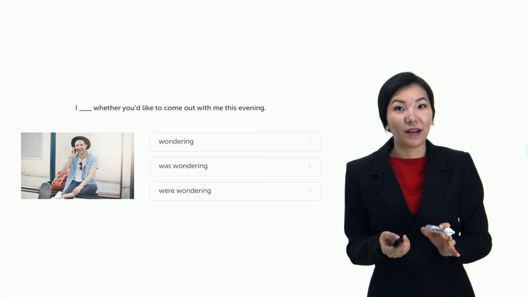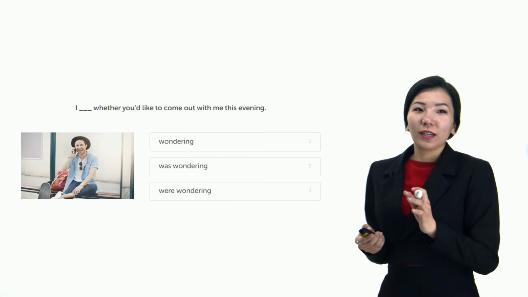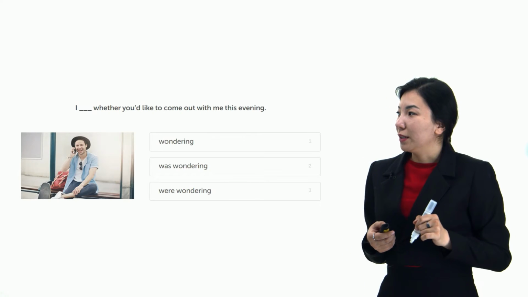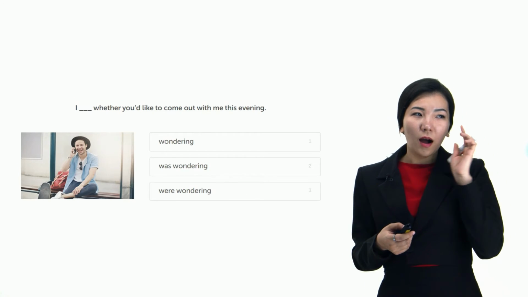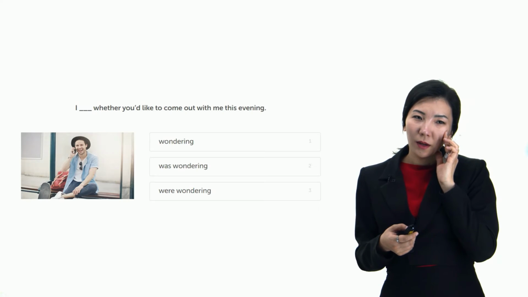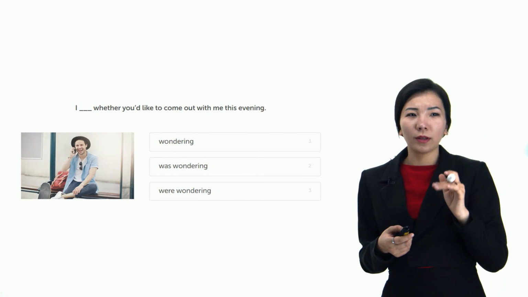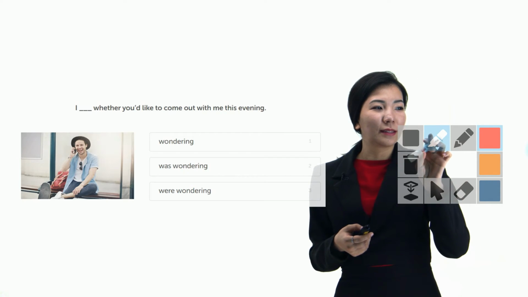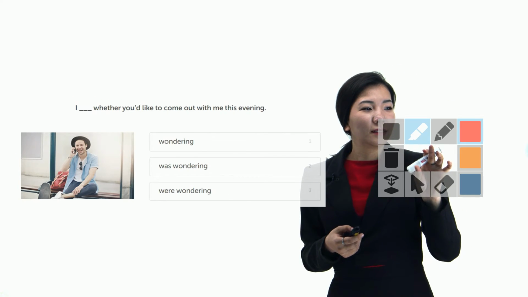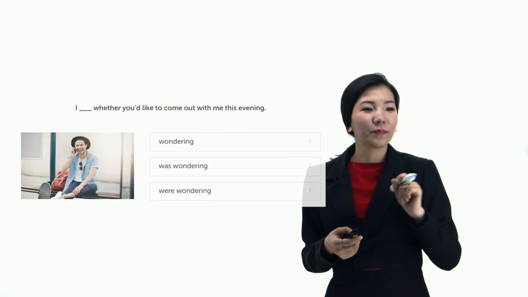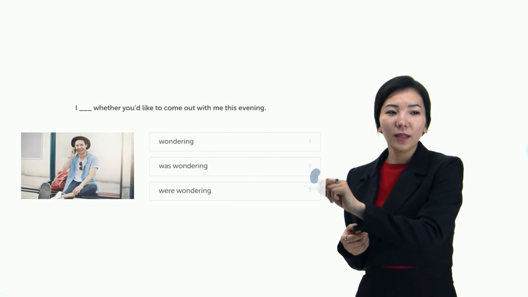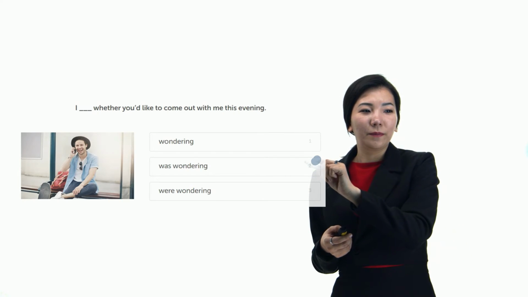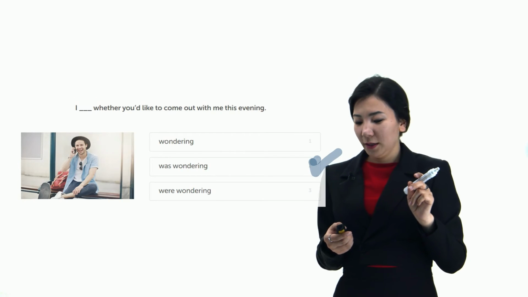So everything's gonna be in past continuous, right? So the first question is, whether you like to come with me this evening. I was wondering whether you would like to come with me this evening, right? So the second one is correct. Okay, this time let's use the blue one. So, okay. So yeah, this one is right. Next one.